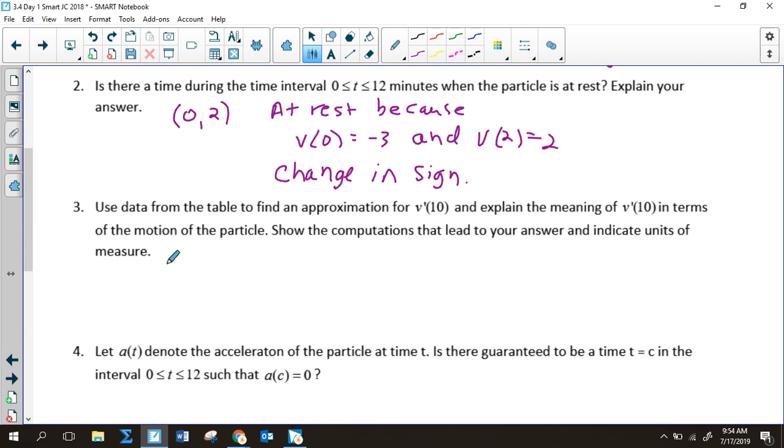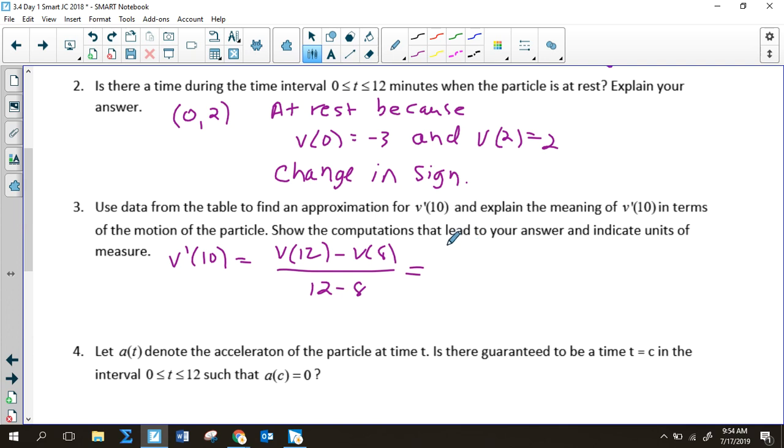Use the data from the table to find an approximation for v prime of 10. The approximation really could come from using the values to the left and to the right of 10 for the actual velocity. So I'm going to do v of 12 minus v of 8 over 12 minus 8.